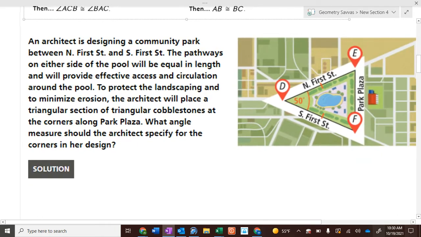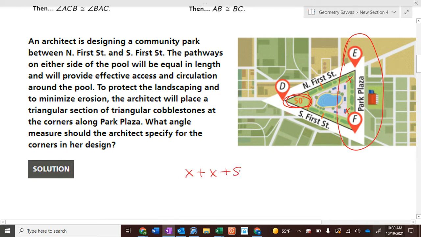So, how many degrees are in a triangle? 180. You need to know that today. So if we use 50 of it right here, what is left for E and F? If we make E and F x, x plus 50 equals 180, right?